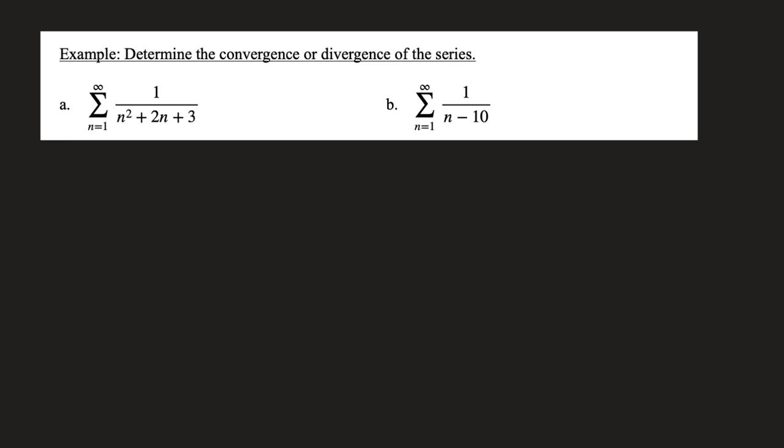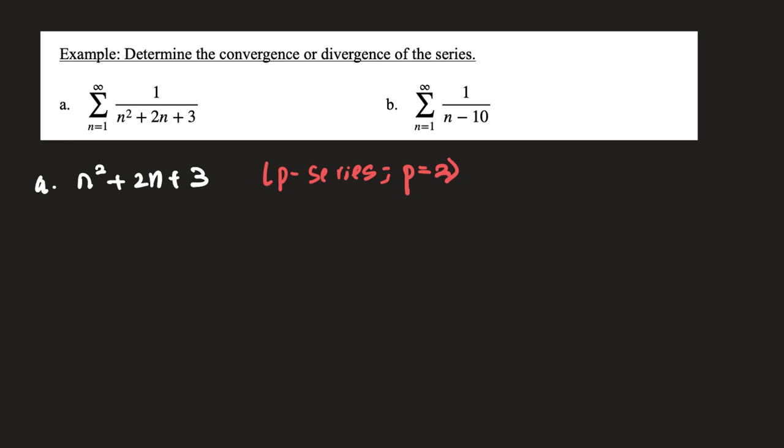Look at the denominator. So here's the first one, guys, A. Look at the denominator right here, n squared plus 2n plus 3. So that's the denominator. We might be using a p-series. The idea is a p-series, and the p value is going to be the highest degree, 2.